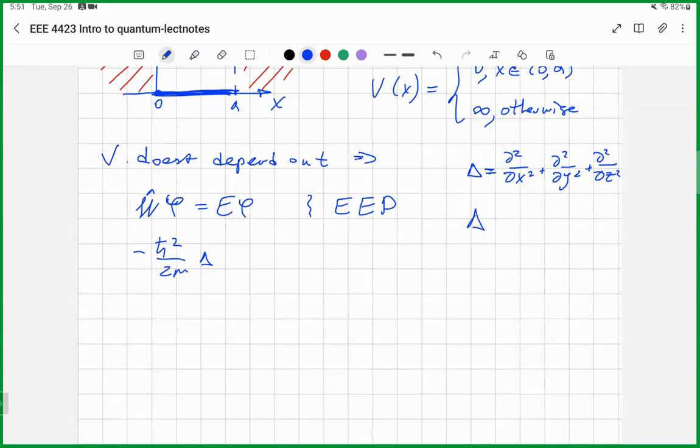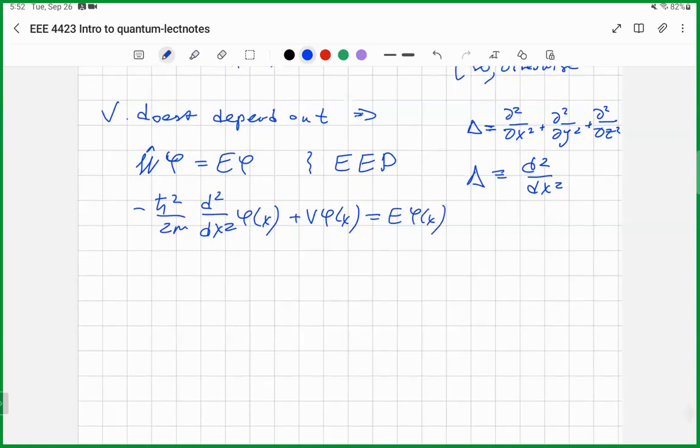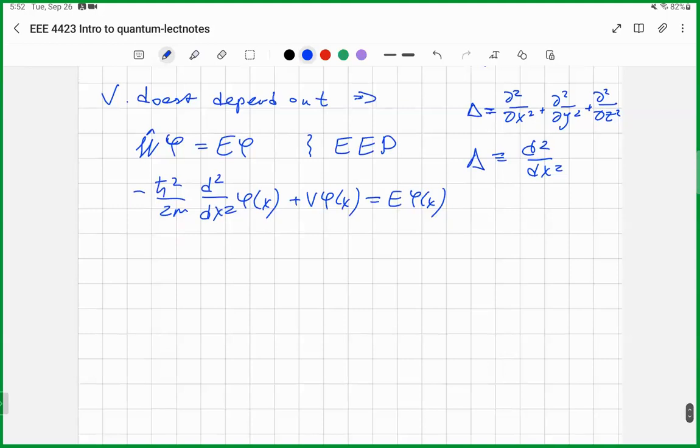But in our case, since we have only the x coordinate, the Laplacian will be d2 over dx2, so we can use this fact right now: d2 over dx2 of phi of x plus v phi of x equals energy times phi of x. This is the equation that we are supposed to solve.